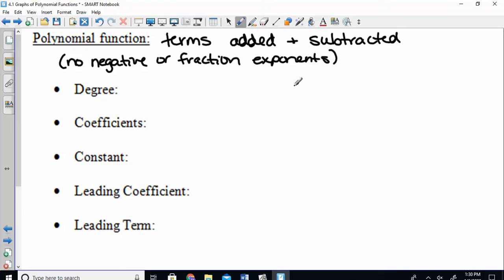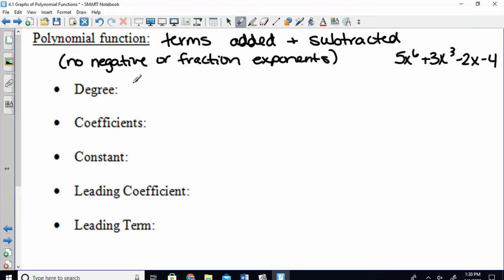So all of our exponents have to be nice: 0, 1, 2, 3, 4. Nothing crazy. So you guys don't like fractions? Well, we won't have those in polynomials. If you don't like radicals, we don't have those in polynomials. So a polynomial is something like, for instance, 5x to the 6th plus 3x cubed minus 2x minus 4. That's an example of a polynomial.